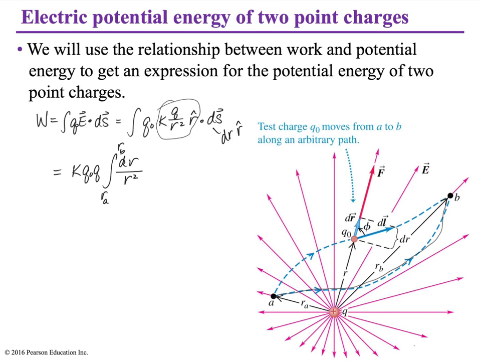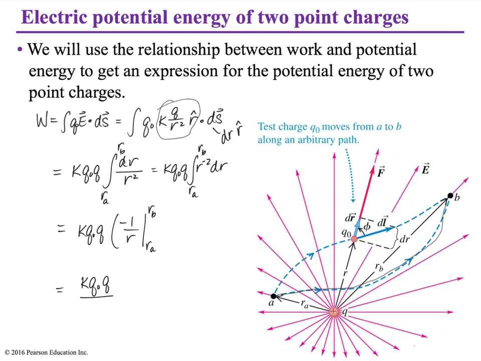That one's pretty easy. It's just the integral of r to the minus 2 dr. And we get k q naught Q times minus 1 over r evaluated at rA and rB, which gives us k q naught Q over rB with a negative sign in front of it.